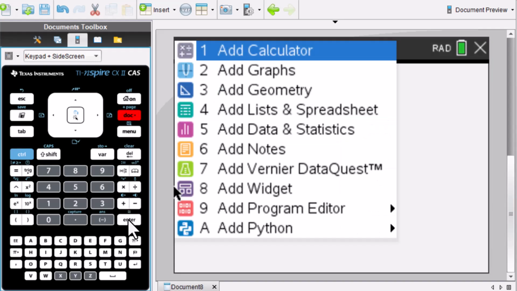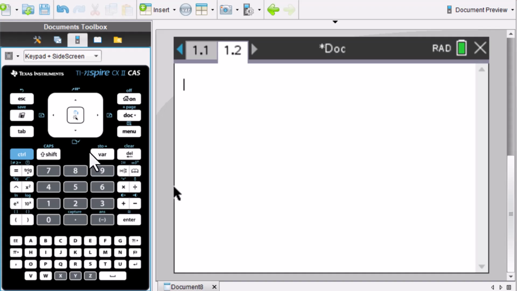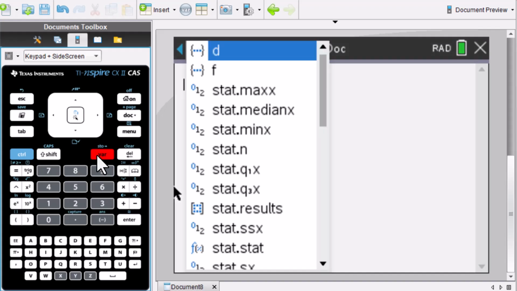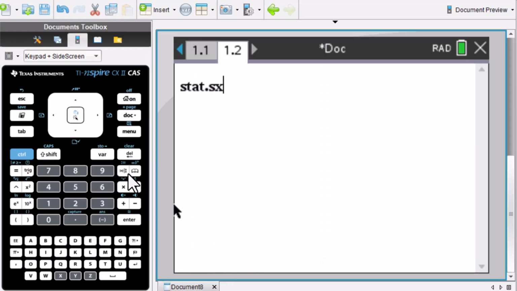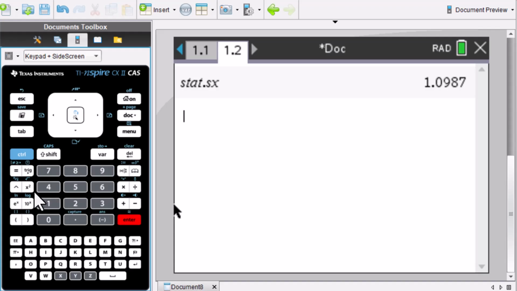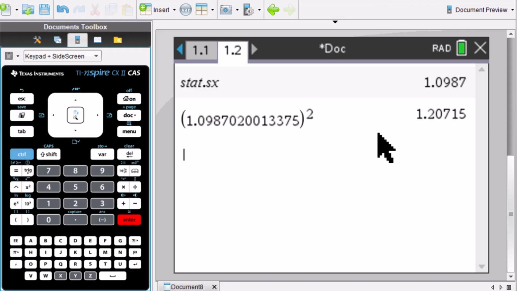Add calculator. Go to stat, s sub x. Enter. Square. Enter. Unbiased estimate of population variance is 1.21.